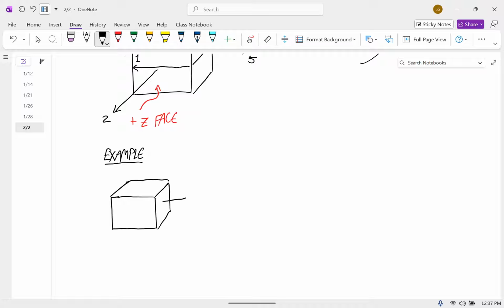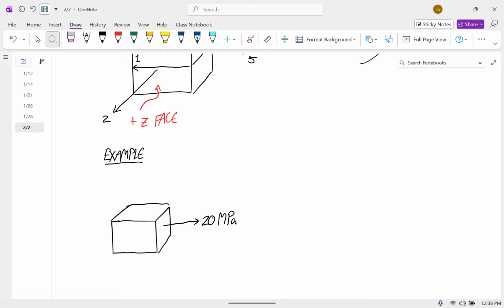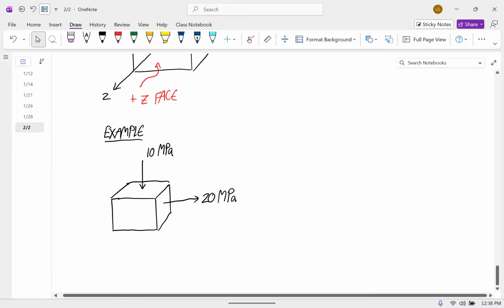And let's say we have 20 megapascals in the x normal direction, 10 megapascals in the negative y normal direction, and then 15 megapascals in the negative z normal direction.